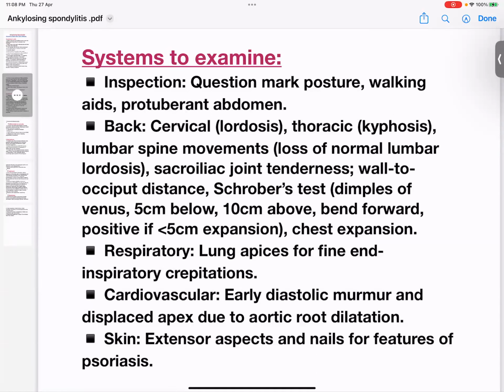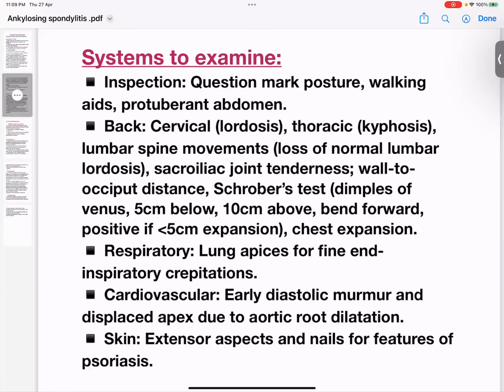Schober test. You put a mark on the back, at the dimples of Venus, which are on both sides. So you take one line and make a mark 5 centimeters below and 10 centimeters above. This is the Schober test. Tell the patient to bend forward.